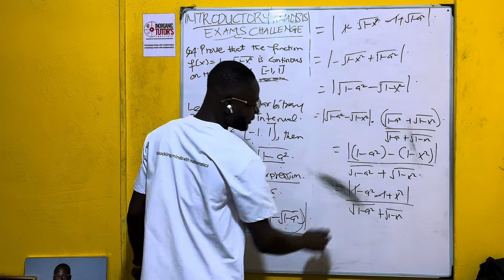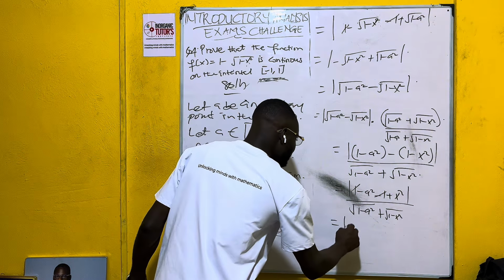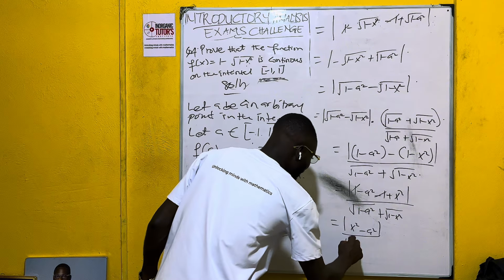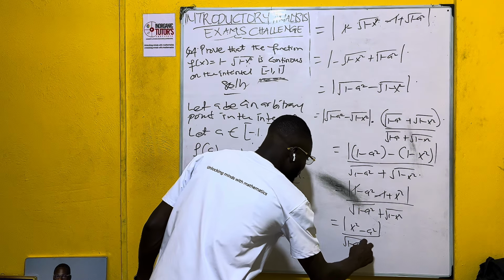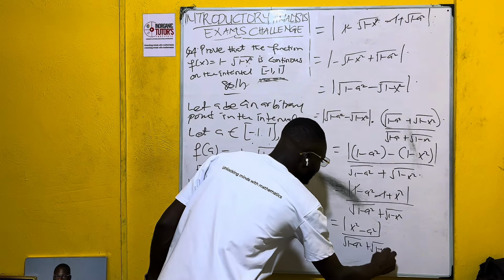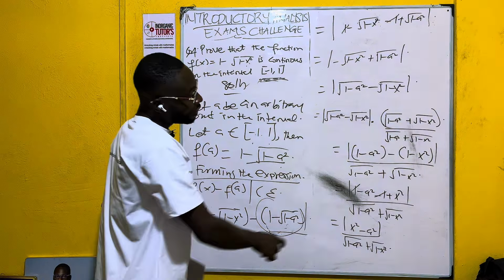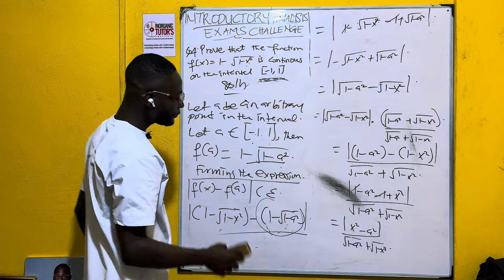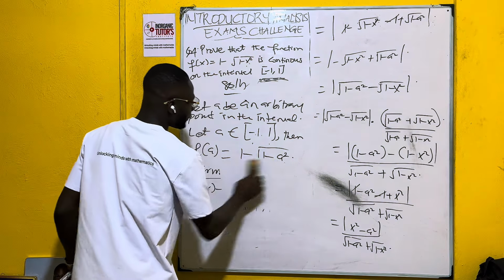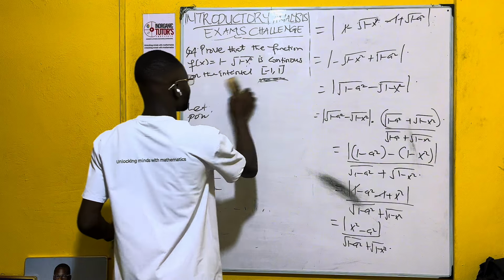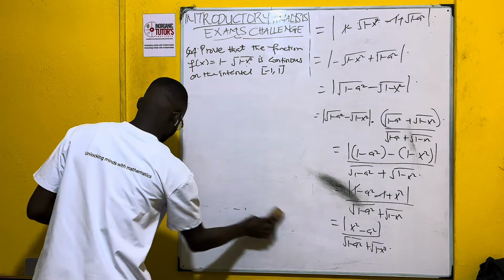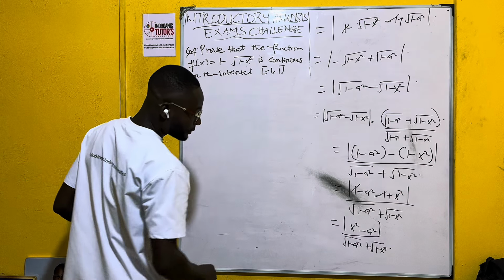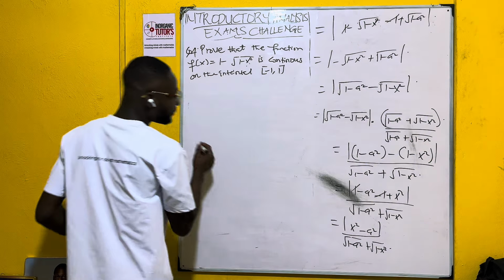So this takes off this, and then we have absolute value of x squared minus a squared divided by square root of 1 minus a squared plus square root of 1 minus x squared. Right, so you can see clearly here that this is difference of two squares. Right, so let's come up here. Right, so we simplify this.